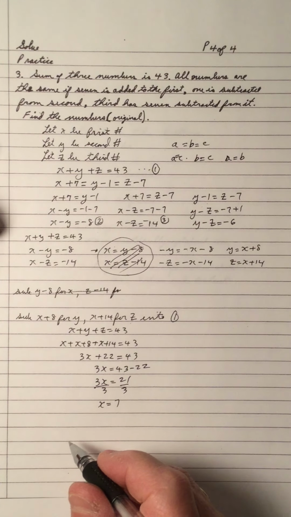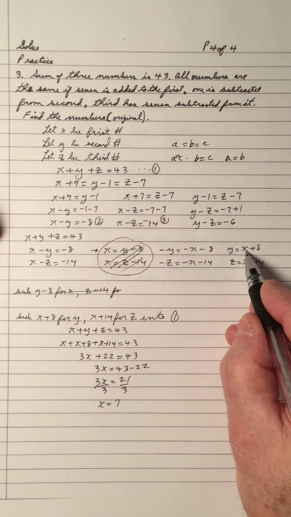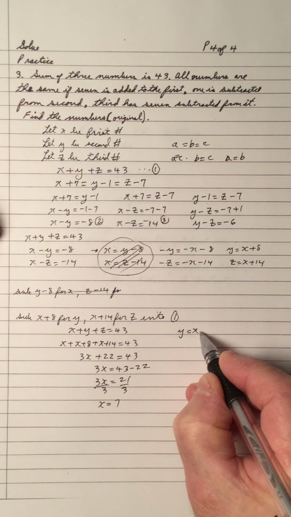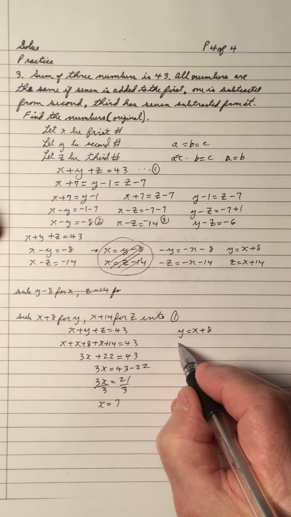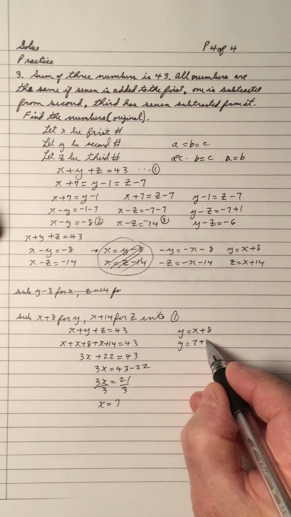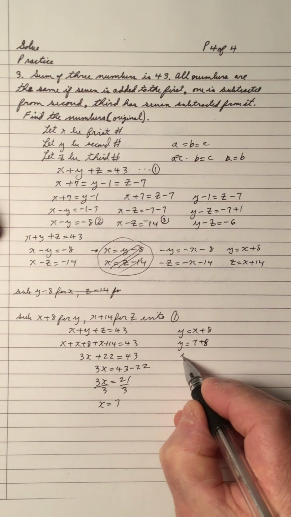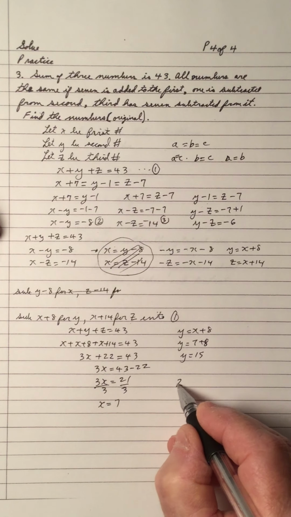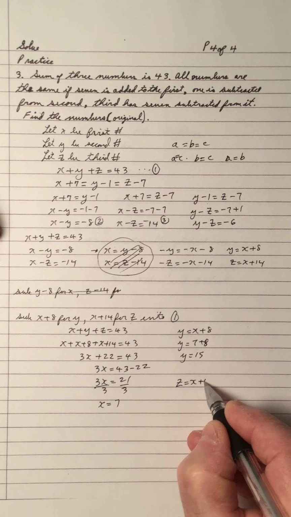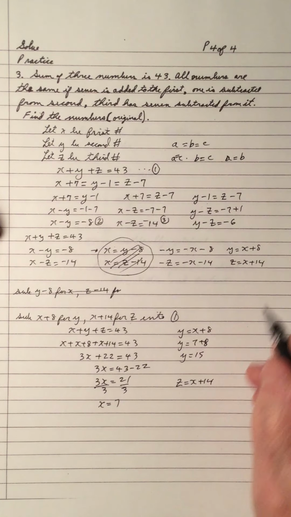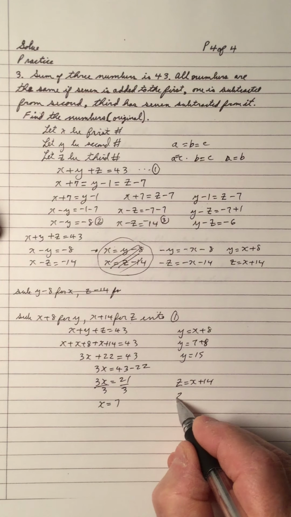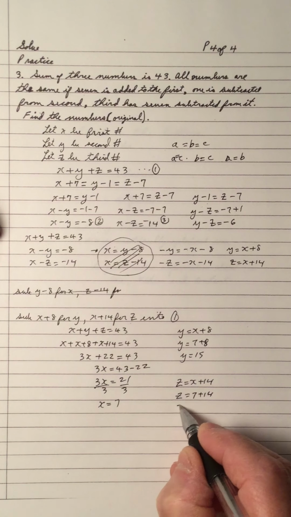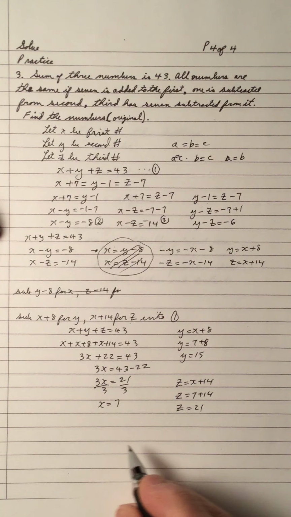Now, if I take x is equal to 7 and put it in here, so y equals x plus 8, y equals 7 plus 8, y is 15. And if I take z equals x plus 14, which is this equation, I'm going to sub in x. 7 plus 14 is 21.